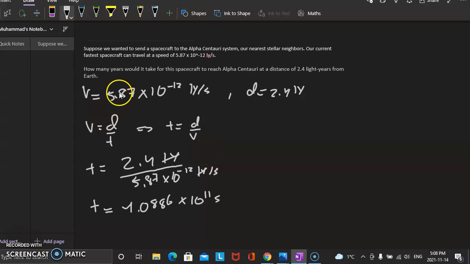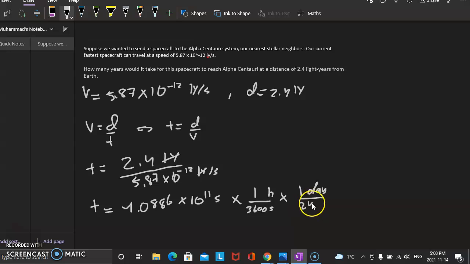But we're not done here, since we need years. So we need to convert the seconds to years. So let's start by converting how many seconds are in 1 hour. There are 3,600 seconds in 1 hour. So now, how many hours are there in 1 day?